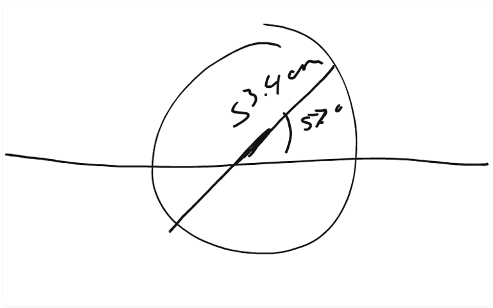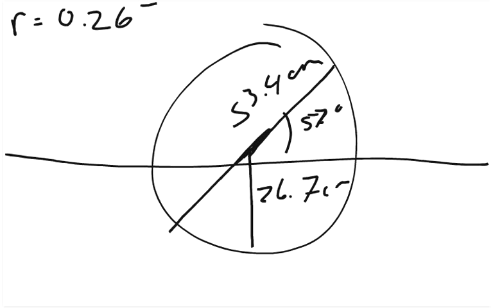So the radius is 26.7 centimeters, and we have to convert that to meters. So the radius equals 0.267 meters.